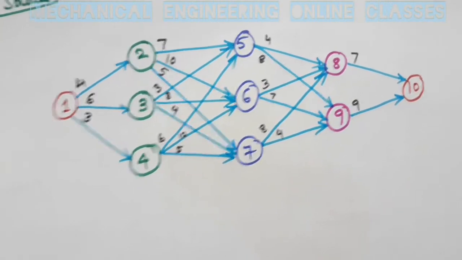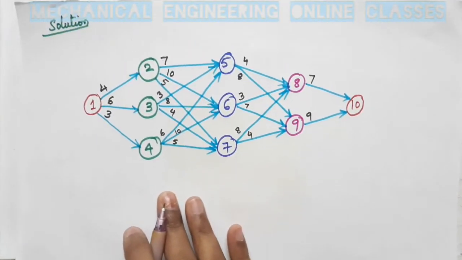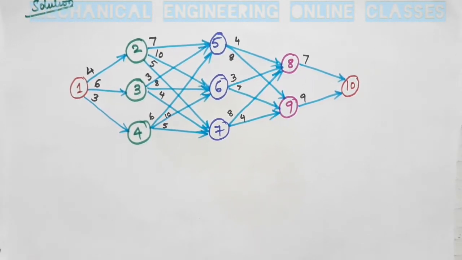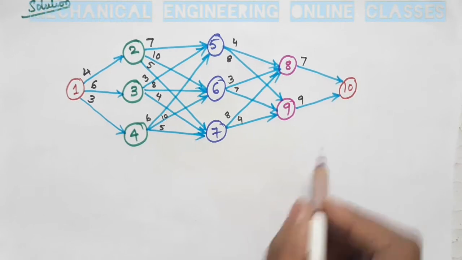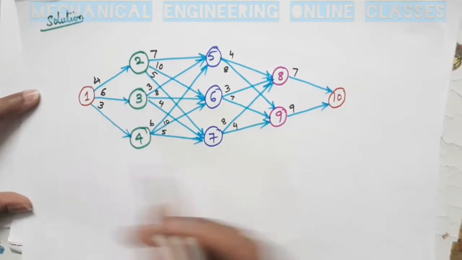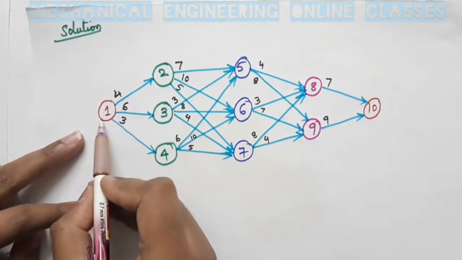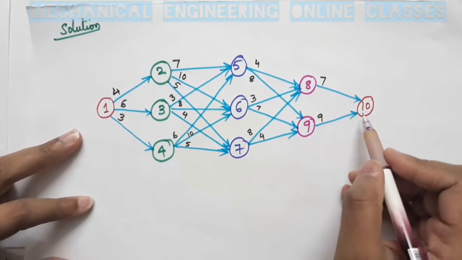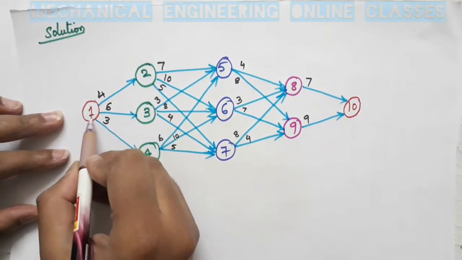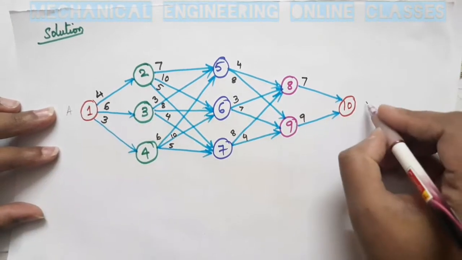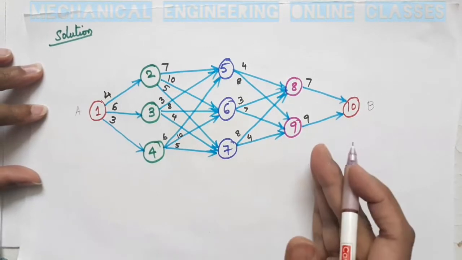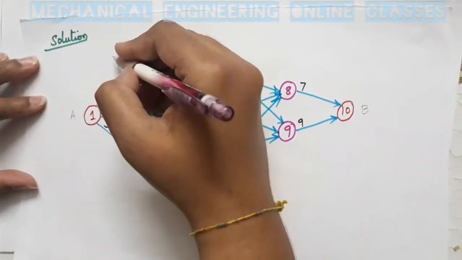So that you can use that for solving the problem ahead. So we know that dynamic programming is a multi-stage decision process. That means we have to take a decision at every stage. Now let us go with the forward recursion process. Forward means my origin is 1 and destination is 10. So I will start deciding based on an assumption that I am right now at city 1, which is city A, and then I have to reach city B, the destination. Now let us subdivide this into stages.